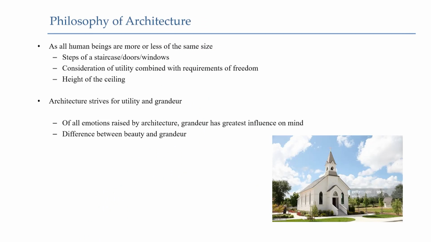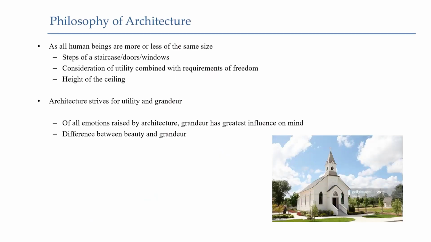And then he also goes on to give the difference between beauty and grandeur. Beauty is not grandeur, grandeur is not beauty. These are two different emotions that Henry Home, Lord Kames, talked about, and he said that architecture can actually raise grandeur as an emotion. And he gave this example, which is the height of the ceiling.